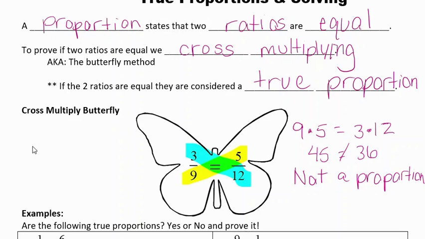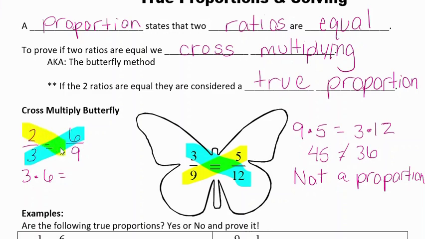Now let's do another example. Let's say 2/3 is equal to 6/9, and we're trying to determine if these are proportional. If I cross multiply them, 3 times 6, I'm going to write that out, should be equal to whatever you do on the other end.